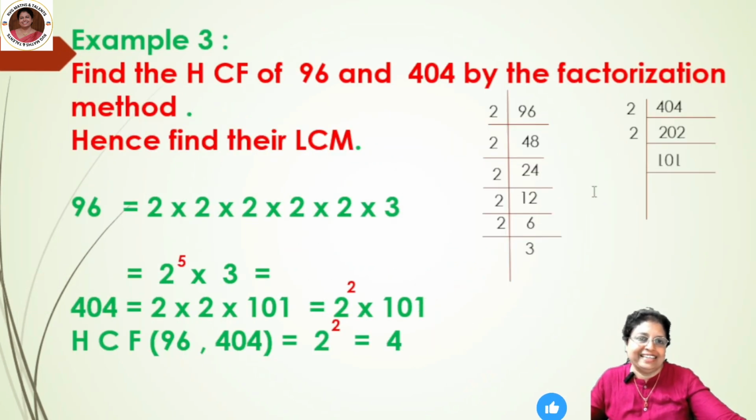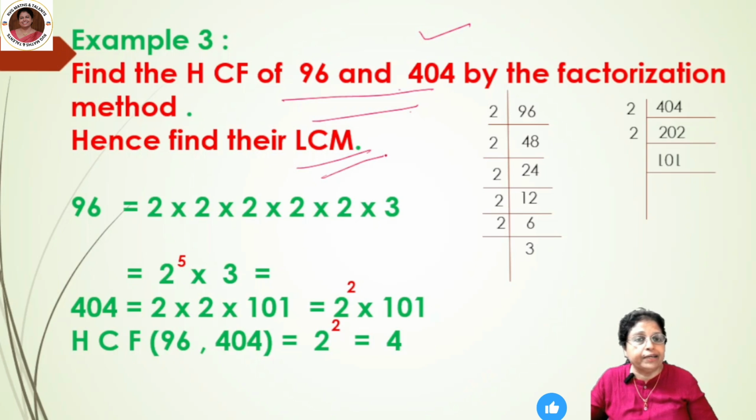Then come to the next example. Find the HCF of 96 and 404 by factorization method. Hence find the LCM. So you are asked to find the HCF of 96 and 404, then using that, you have to find the LCM.